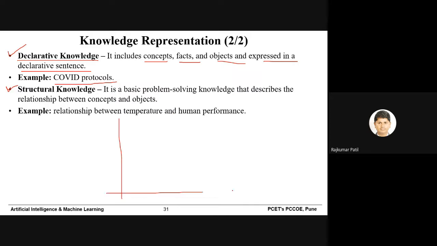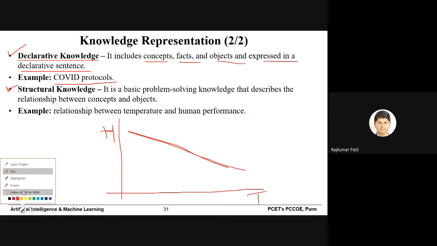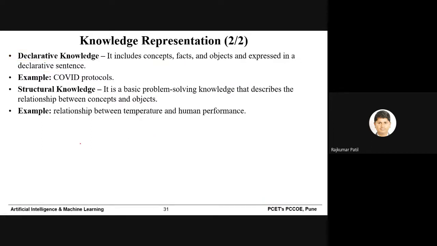We know that as temperature increases, human performance decreases. Let's say human performance is H and temperature is T. Then as temperature increases, human performance decreases. That kind of relationship can be developed, and based on that a decision can be taken.